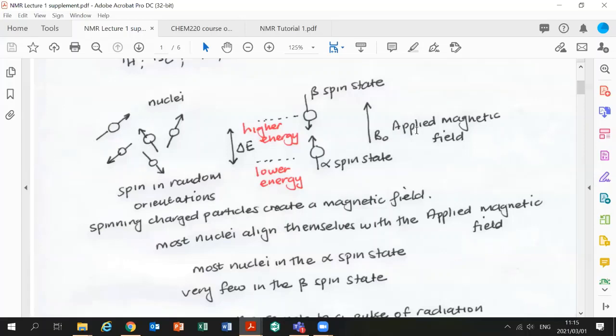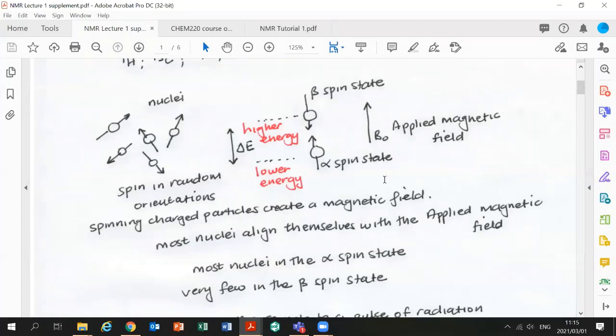And when you put them in an applied magnetic field in a bigger magnet, these spin states, this spinning, is not randomly oriented anymore. They now take on two spin states. So they either spin in the direction of the applied magnetic field.